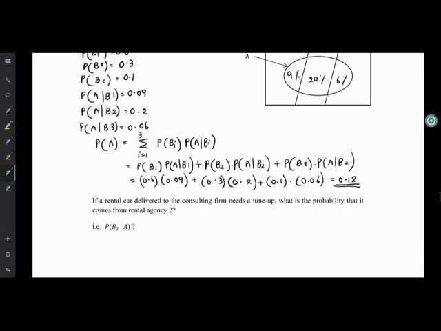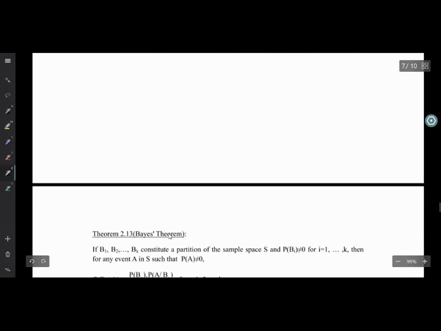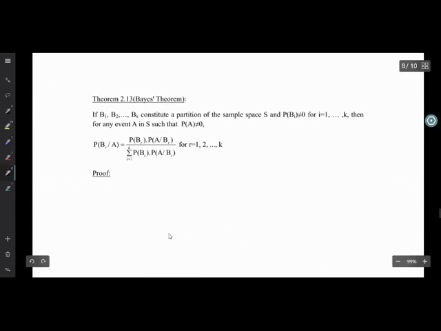Now how do you calculate that? In order to answer these types of calculations, we use the Bayes theorem. So that is the next theorem, 2.13. If we have B1, B2 up to Bk, those are the partitions of a sample space S, and probability of Bi is not equal to 0, then for any event A such that P(A) is also not equal to 0, you can find the probability of Br given A for any r from 1 to k.